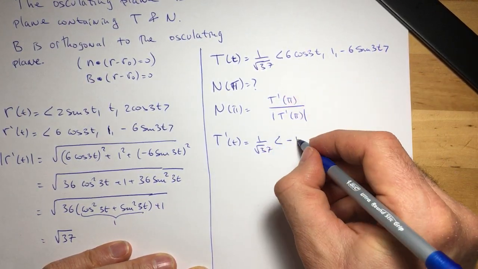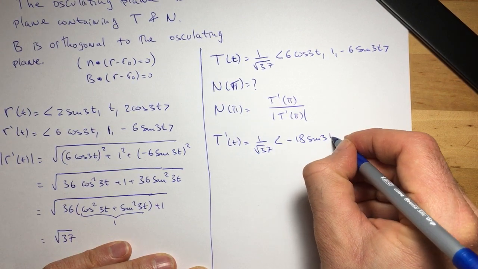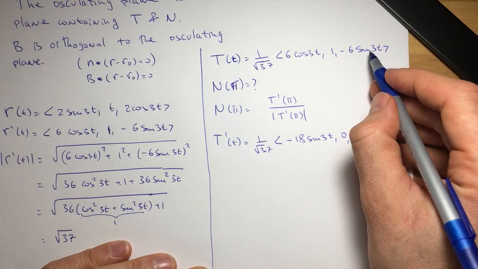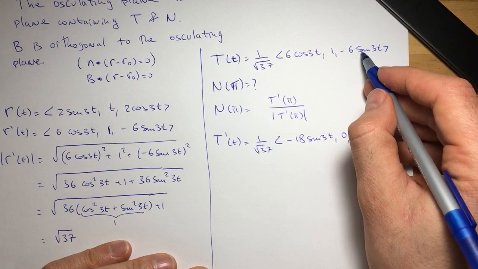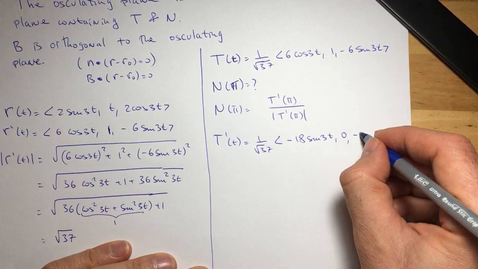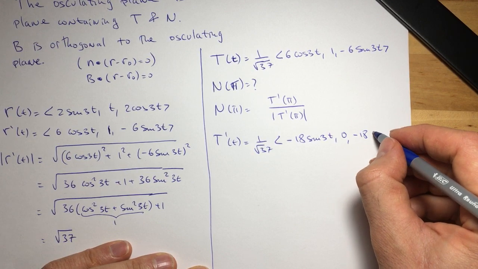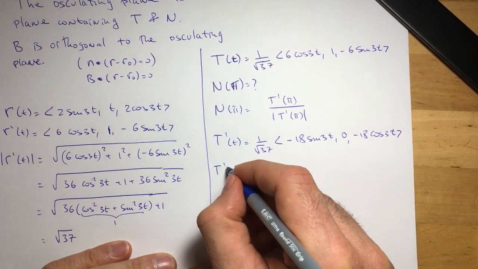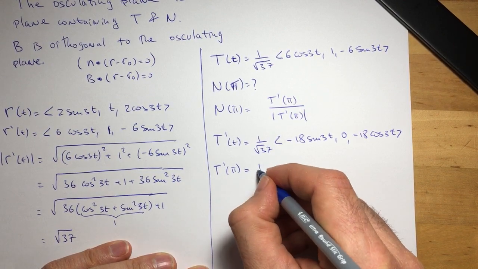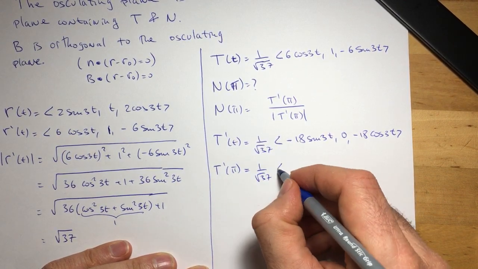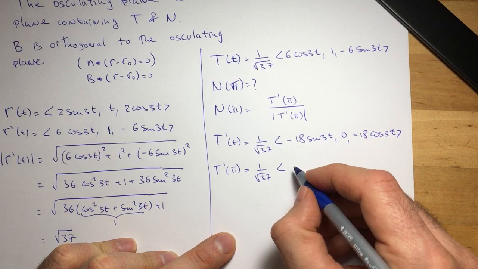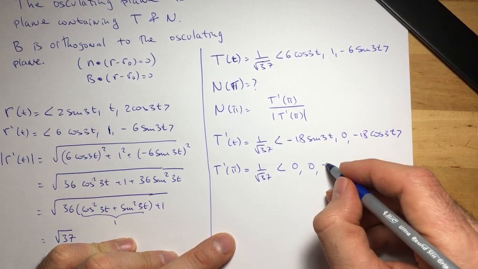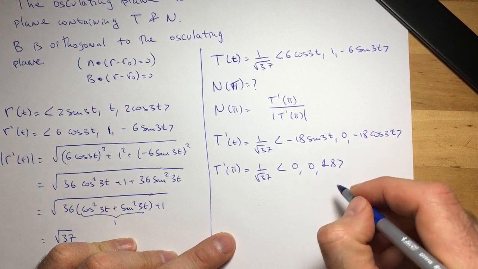Negative 3 times 6, negative 18 sine of 3t, derivative of 1 is 0, and the derivative of negative 6 sine of 3t is 3 times negative 6, which is negative 18 cosine of 3t. Now T prime at pi gives us 1 over square root of 37. Sine of 3 pi is 0, 0. Cosine of 3 pi is negative 1, times negative 18 is positive 18.